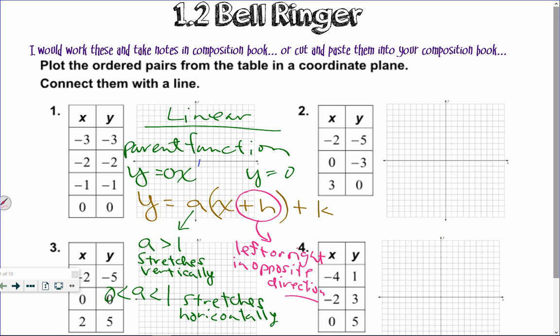Okay, so if it's a +2, which direction will the whole line shift? If it's a +2, it's going to shift 2 squares to the left, right? If it's a -2, it's going to shift 2 squares to the right. Are you with me so far?